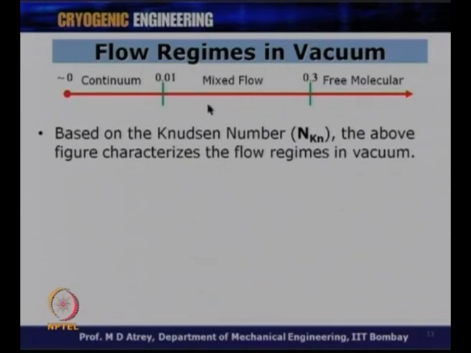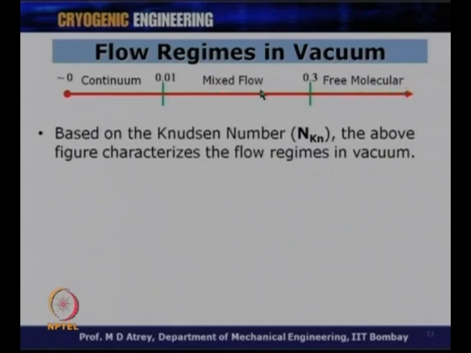My lambda is increasing because the pressure is decreasing. And if my Knudsen number is more than 0.3, that means lambda is 0.3 times the characteristic dimension, I am in something called the free molecular region. So, my molecules are in a free molecular flow region here.